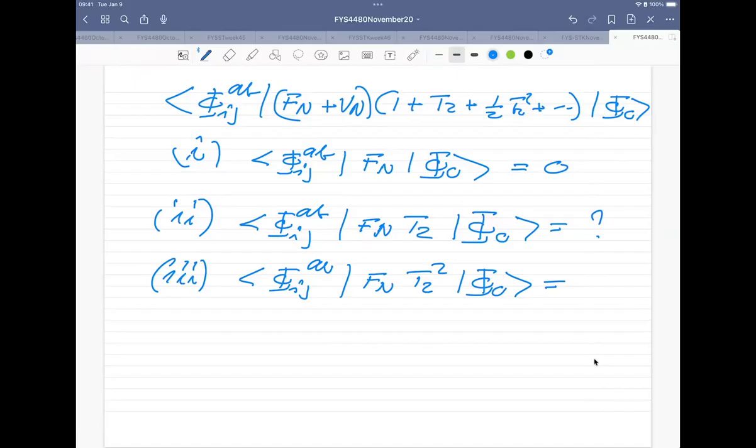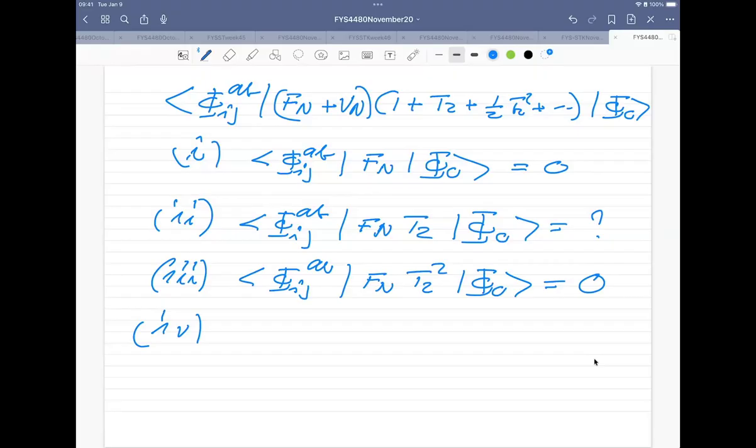That has to be 0, because then we could actually create a 4-particle 4-hole state, and we cannot match that because this operator is a 1-particle 1-hole operator. So that one disappears. So that means that we can actually leave out all the higher order terms for this Fn. I would also be tempted to say the second term could be 0, but we need to investigate that. But at least the first one and the third one here are going to be 0, and also all higher order ones.